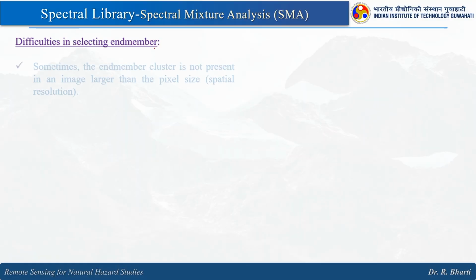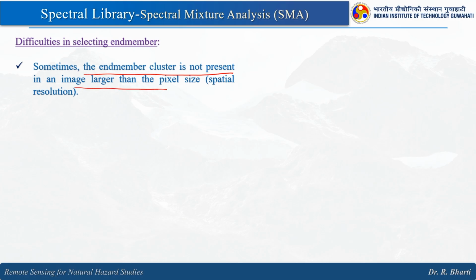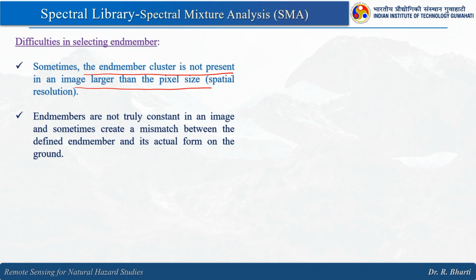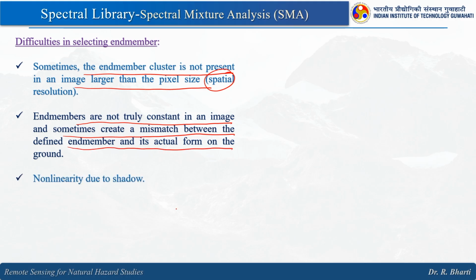So, difficulties in selecting the end member. Sometimes the end member cluster is not present in an image larger than the pixel size because of the spatial resolution. End members are not truly constant in an image and sometimes create a mismatch between the defined end member and its actual form on the ground. Non-linearity due to shadow.